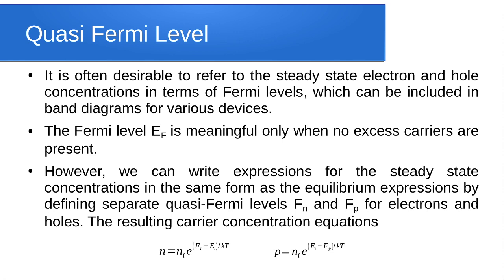In place of EF we are substituting Fp, which is the Quasi Fermi level for holes. So now the number of holes p will be equal to ni e raised to EI minus Fp by kT.